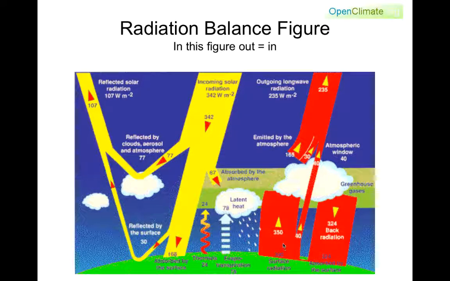So you can see that 324 of this is coming back down. So there's a sort of cycle here of energy going up and down and staying here and being held here a while, which has its impacts on life, but it's also giving it time to be absorbed by the ocean or to melt ice.